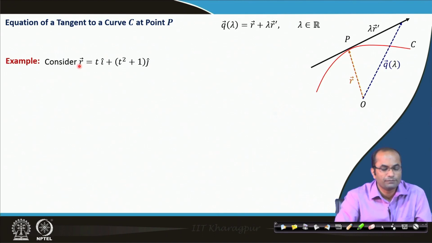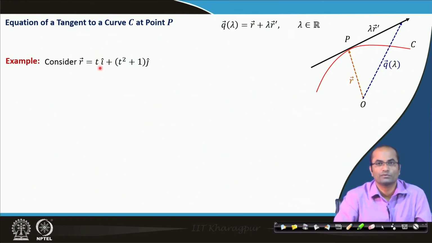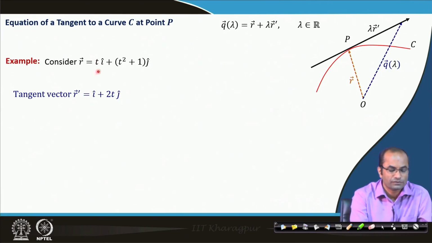For instance, if we take the function t i plus (t square plus 1) j, this defines a parabola, because the x component is t and the y component is t square plus 1. The tangent vector r prime we can get just by differentiating: we have 1, the derivative of the first component t, and then t square plus 1 gives us 2t.